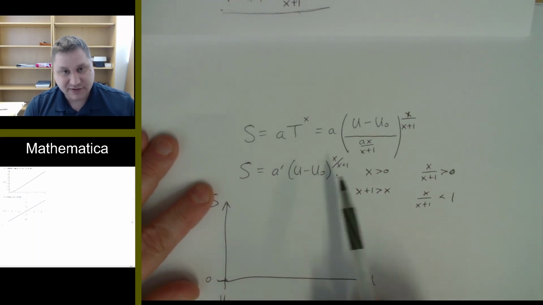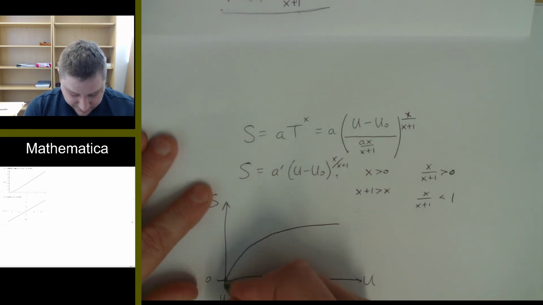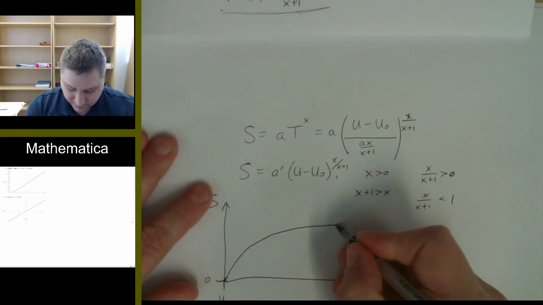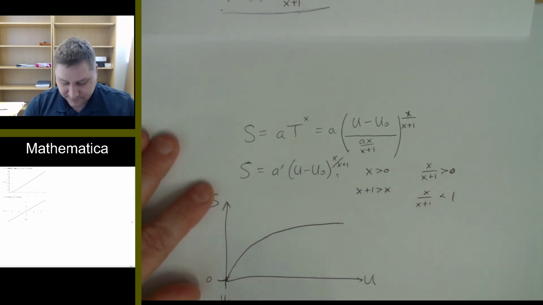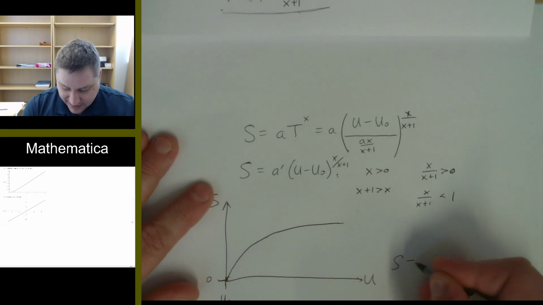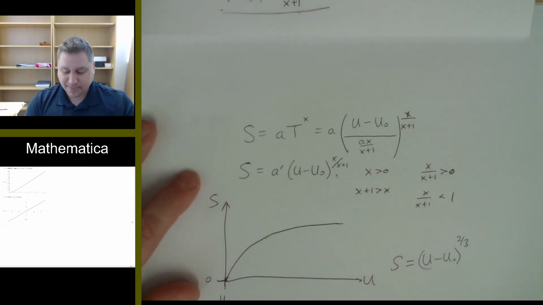The power of U is between 0 and 1. So that's always going to look like some type of root. It's going to be concave down. It's going to be sloping up. Like, for example, S might be equal to U minus U0 to the, say, 2/3 power, something like that, right?